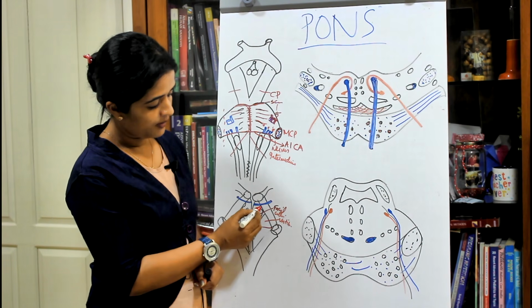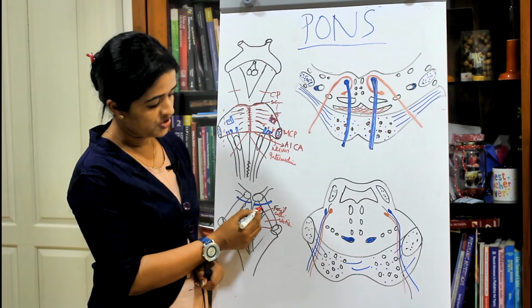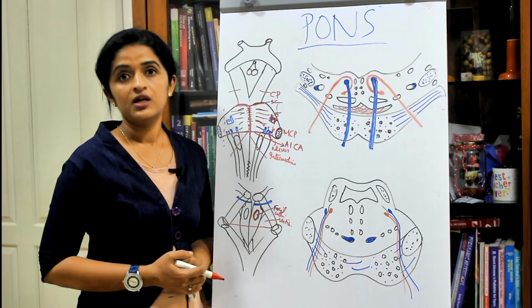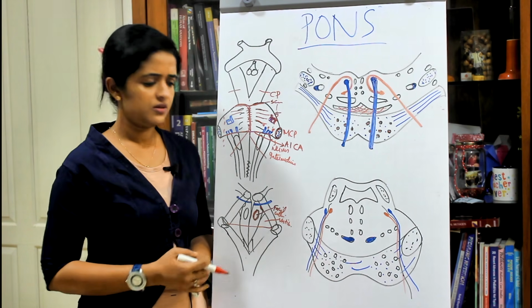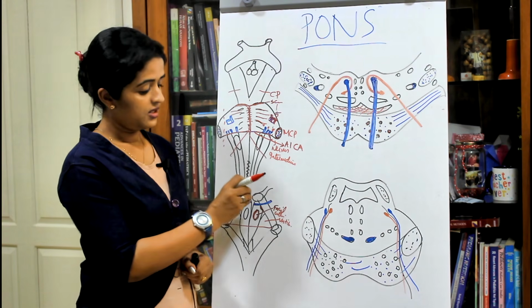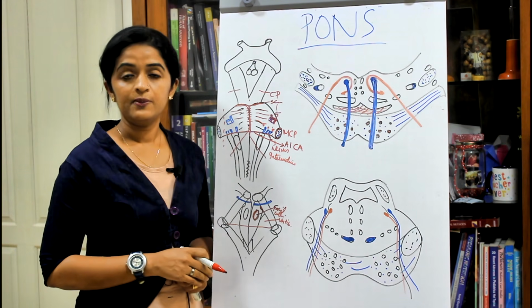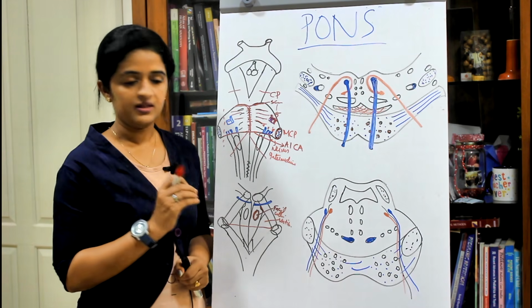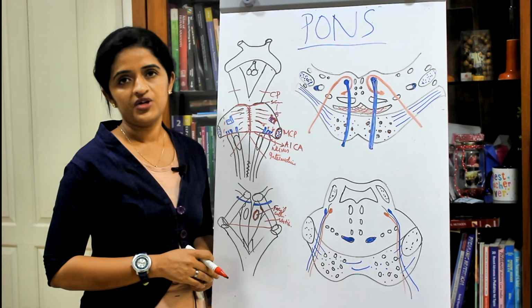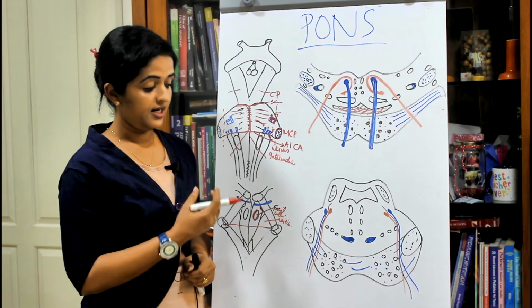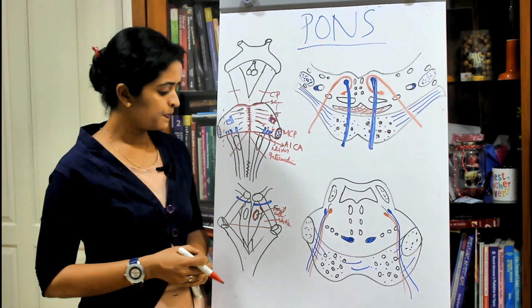And along the upper part you can see a bluish grey area. This is known as locus ceruleus. Why is it called locus ceruleus? The nerve cells here have a pigment known as melanin, which gives a bluish grey color to this region, and it is said to be rich in noradrenaline.